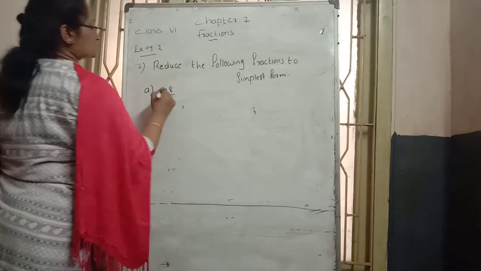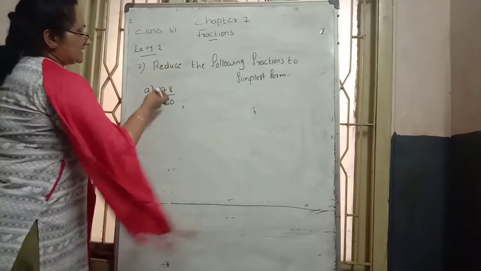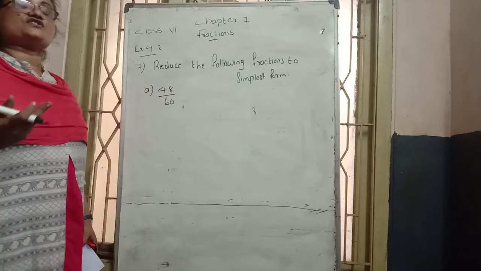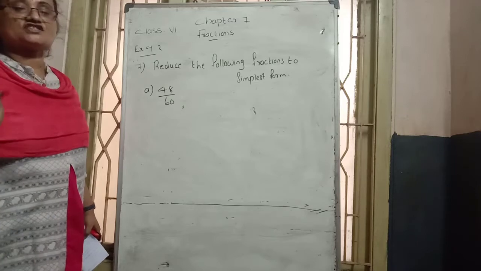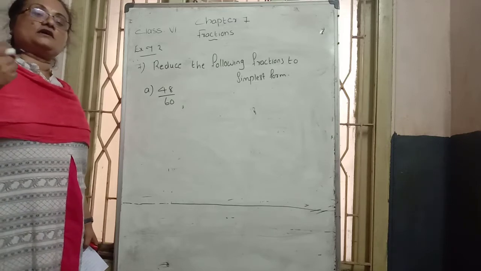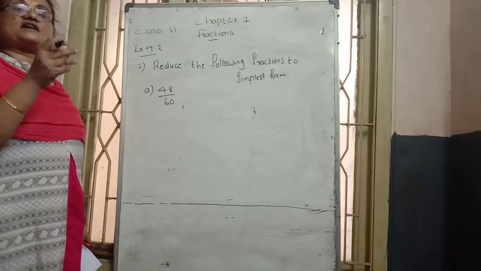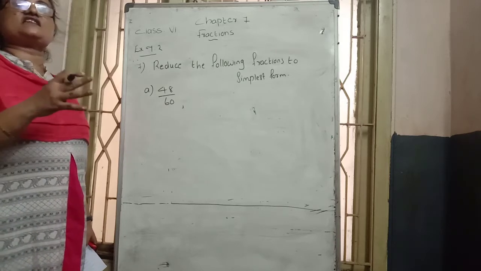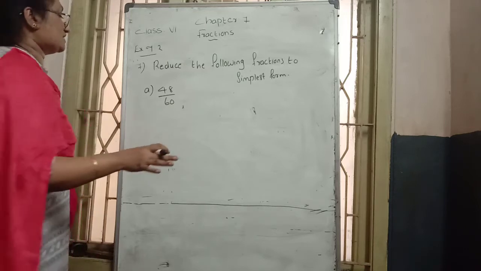We want to cancel. You can follow any method: direct cancellation, or otherwise finding factors, then common factors, then the HCF. Whichever number comes as the HCF, use that number to divide and cancel. Any method you can follow.